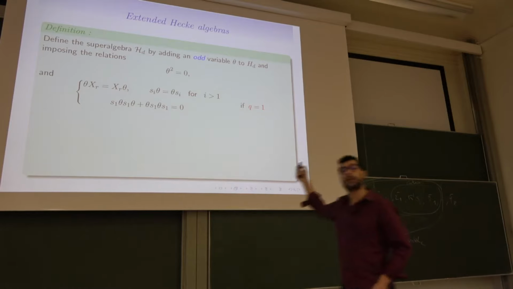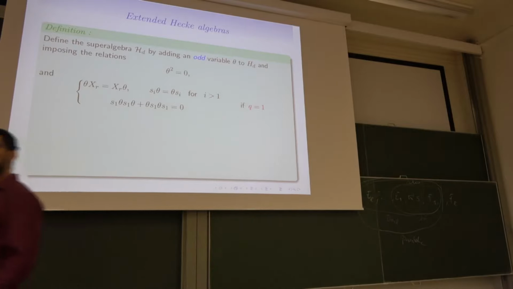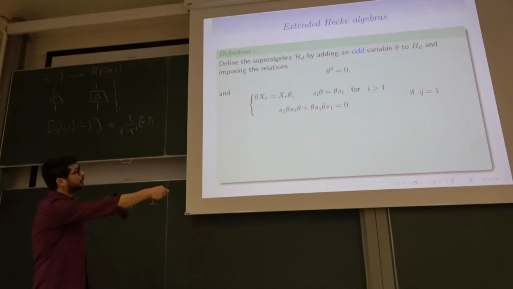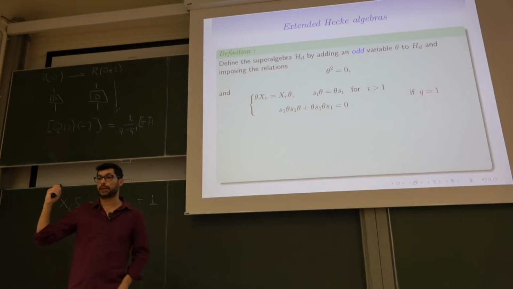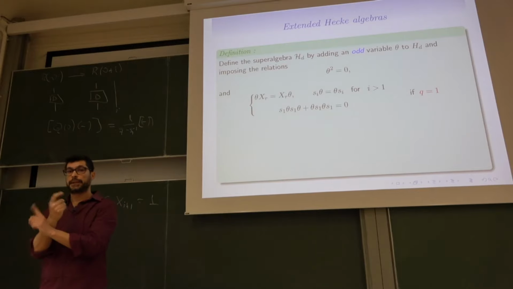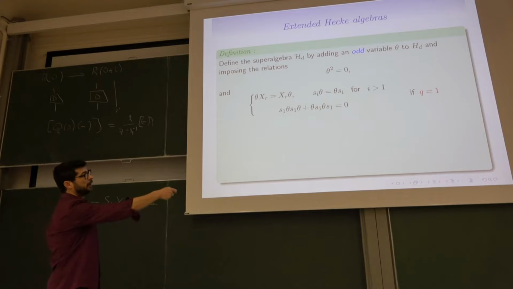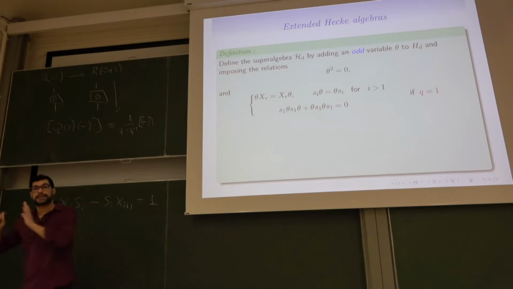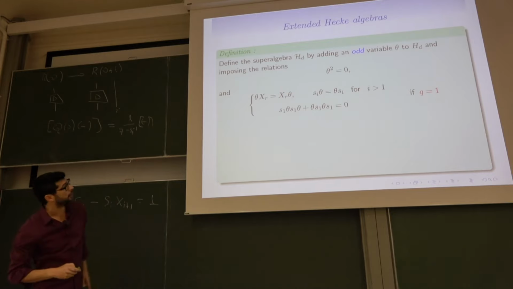This is for the degenerate affine Hecke algebra. So this is almost the same sort of relations we had in the KLR. If you draw string diagrams for permutations, this relation gives you exactly the same picture, not the same meaning, but the same picture as in the extended KLR case. So this is q equals 1.